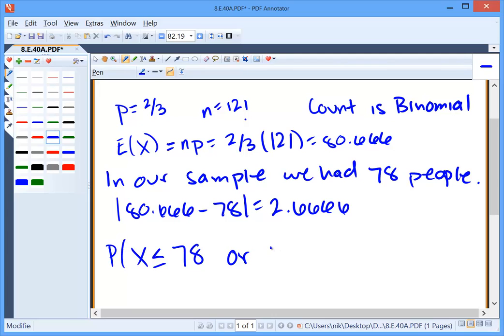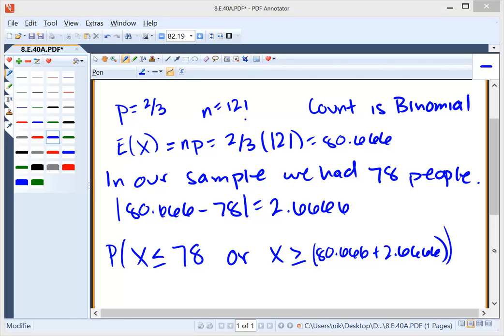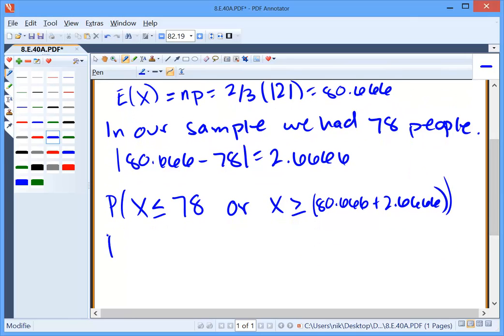Or, if we went the other direction, it would be 80.666 plus 2.6666. So we're looking for the probability that x is less than or equal to 78, or x is greater than or equal to 83.333.